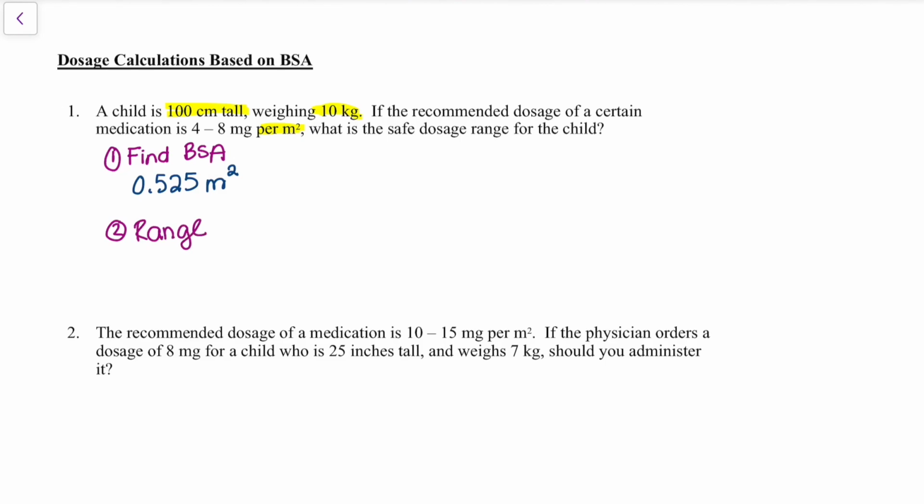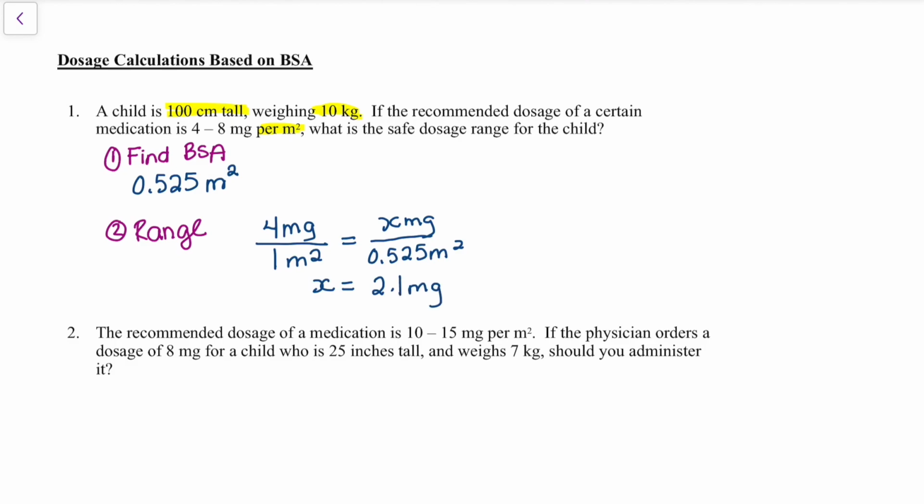So if I have 4 milligrams in 1 meter squared, and the child is 0.525 meters squared, how many milligrams is that? Again, we're using our ratio and proportion. So I get x equals 4 times 0.525, and I get 2.1 milligrams.